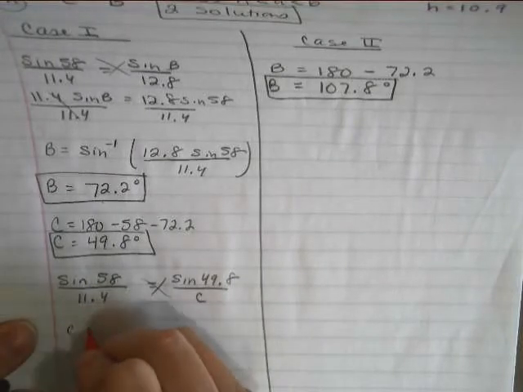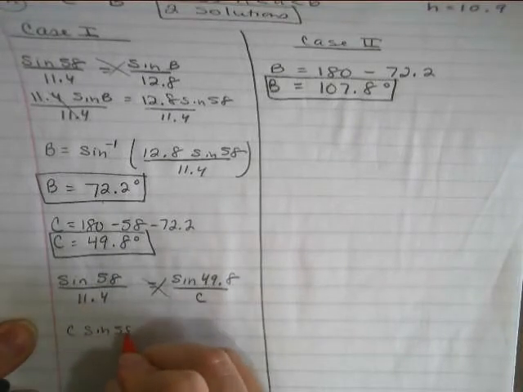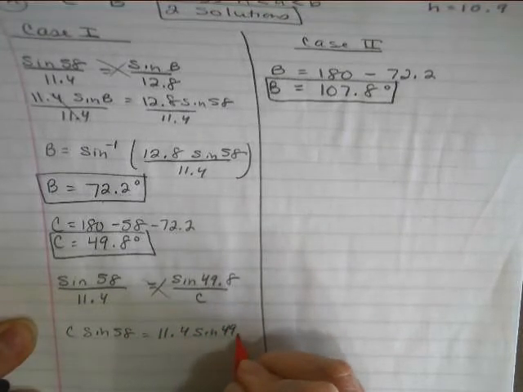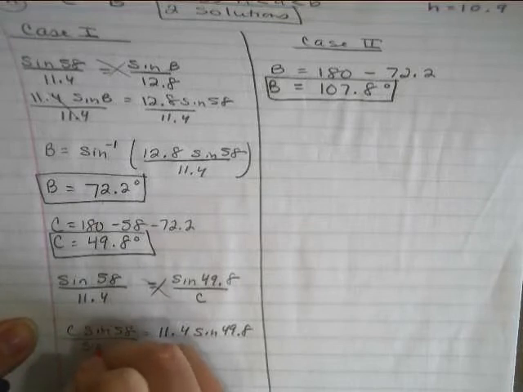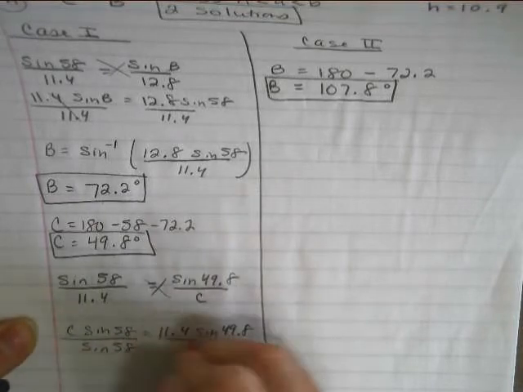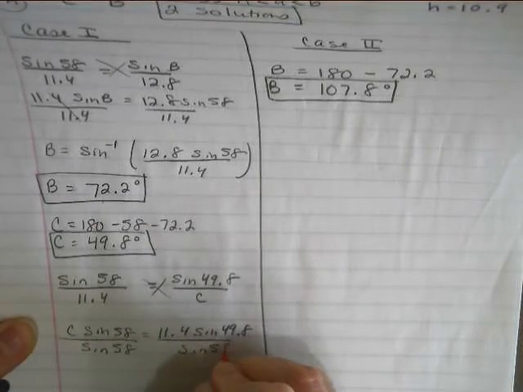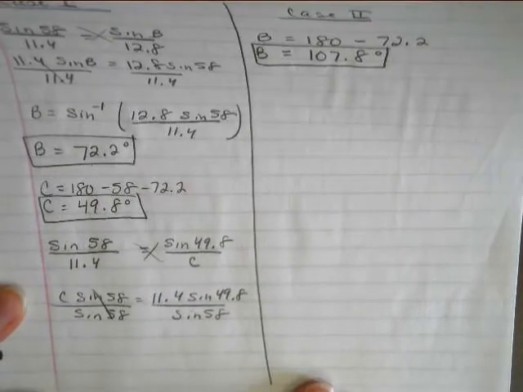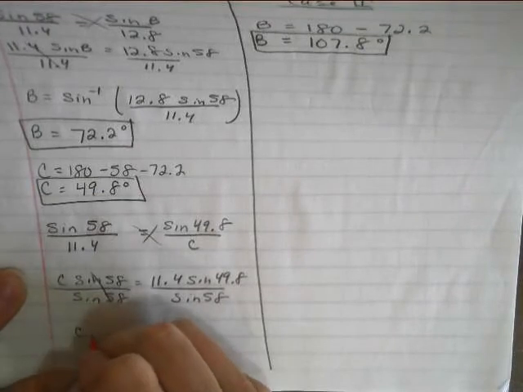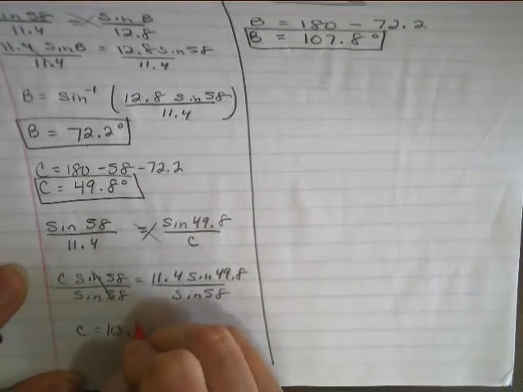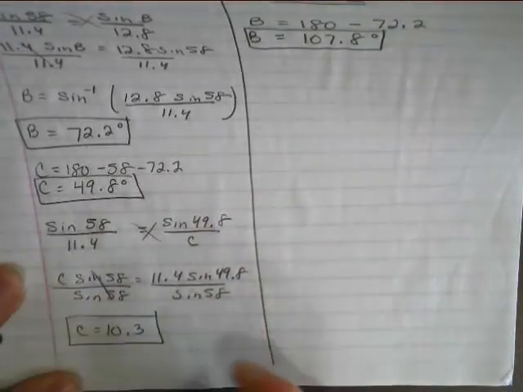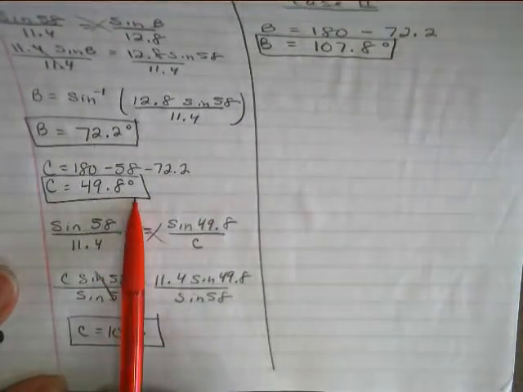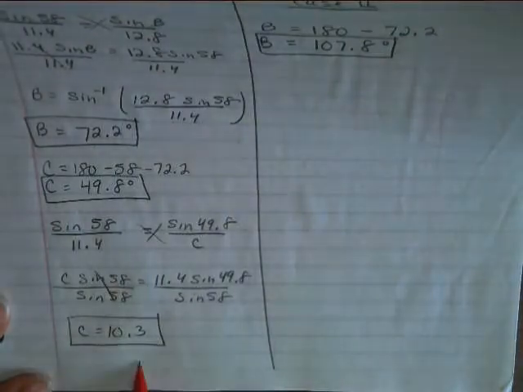So we end up with C times the sine of 58 degrees equals 11.4 times the sine of 49.8. Divide by the sine of 58. Put it into your calculator, and you should come up with an answer of 10.3 for side C. So if angle B is 72.2, angle C is 49.8, and side C is 10.3.